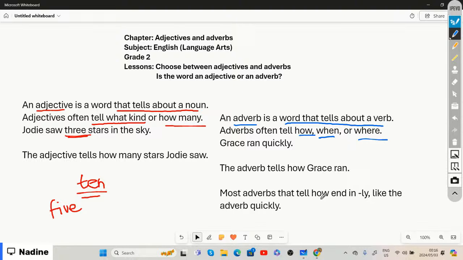So we can ask ourselves, how did Grace run? We can then say quickly.